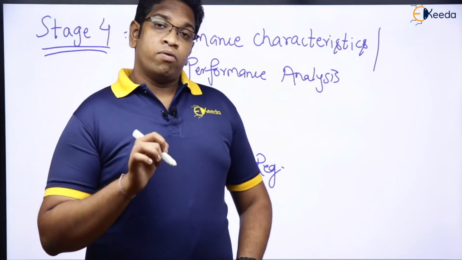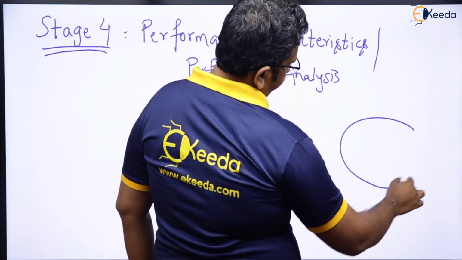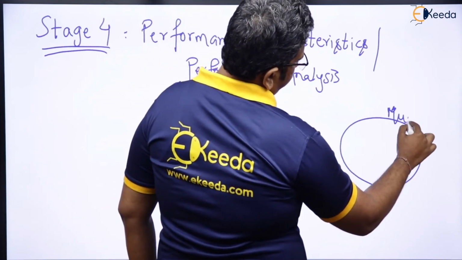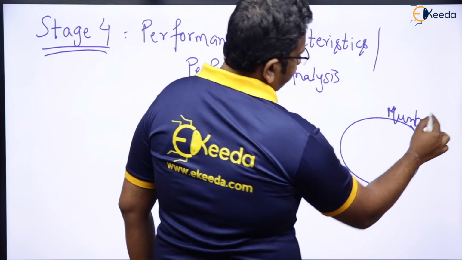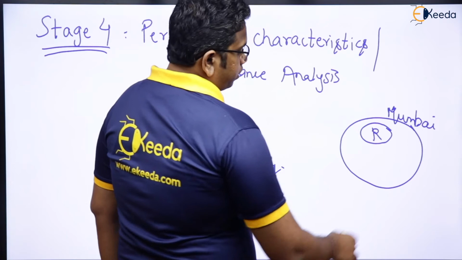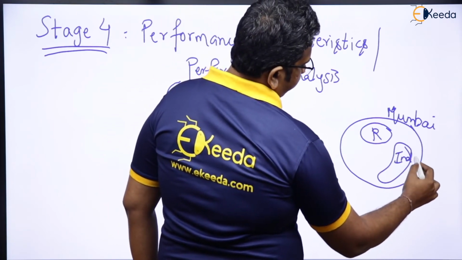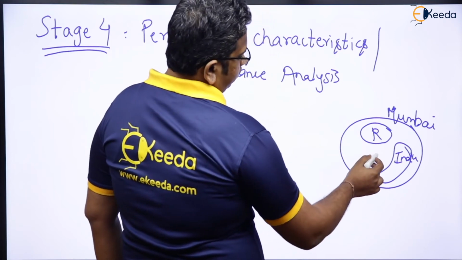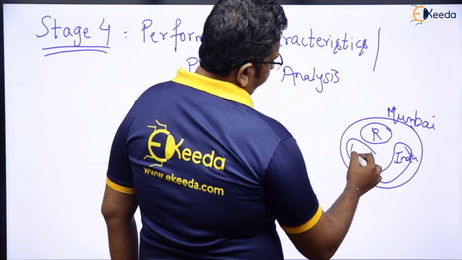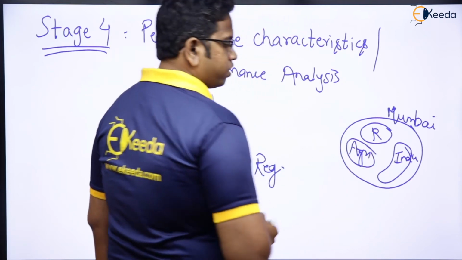See here. For example, it is a city. This is the city Mumbai, right? Now here there will be some areas which will be residential, some areas will be industrial areas, right? Some areas will be, let us say, somewhere deep down, some agricultural area as well.